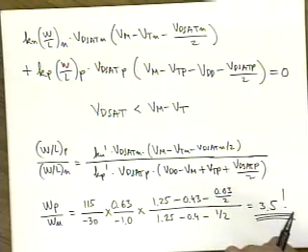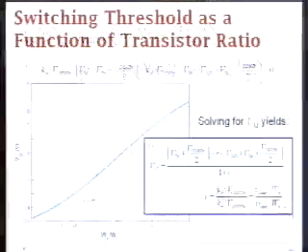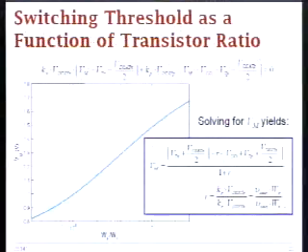But luckily, if you go back to the slides, you work this formula that we just did, and you plot Vm as a function of Wp over Wn.